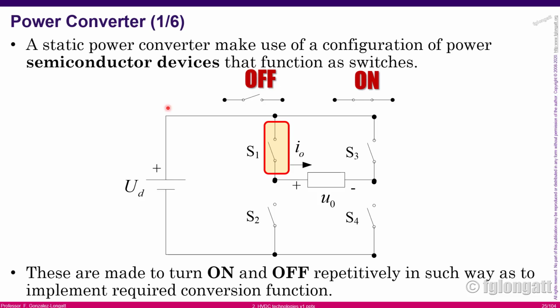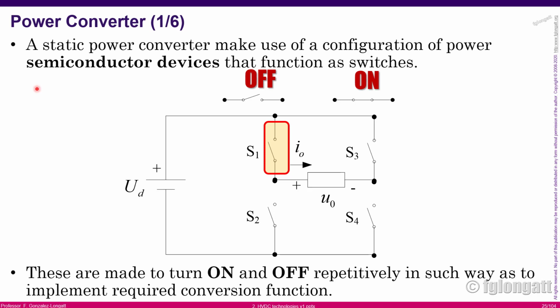Okay, let's start. What is a power electronic converter? A static power converter is basically a configuration where we have some sort of switches, and those switches open and close to do a very specific task. I believe all of you can see this configuration.